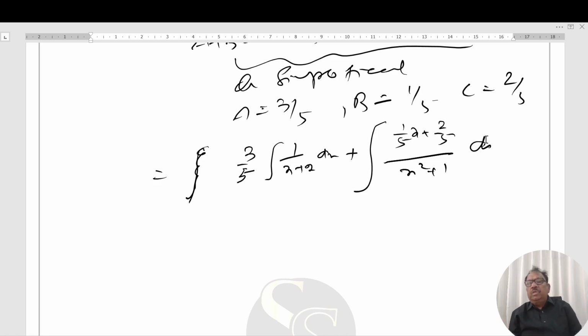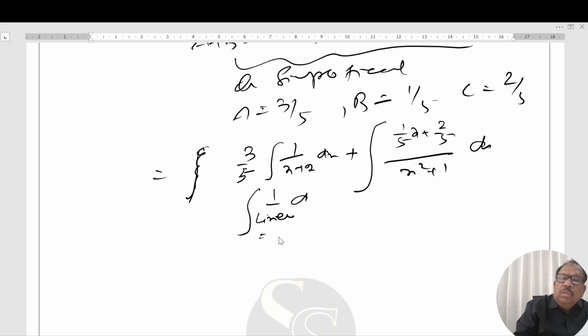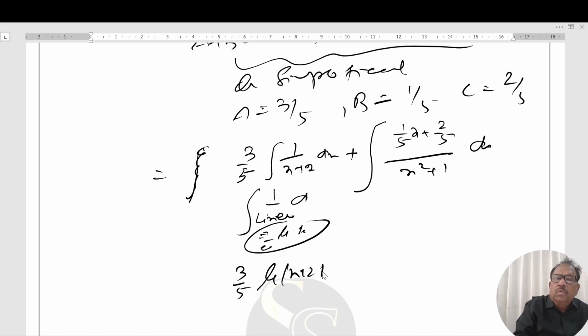The given expression reduces like this. Here 1 over linear is applicable. The answer is log of the linear divided by the coefficient of x. In this case, the answer will be 3 by 5 log of x plus 2. For 1 over linear of the type ax plus b, it is 1 by a log of the linear. So this is the answer of this one.